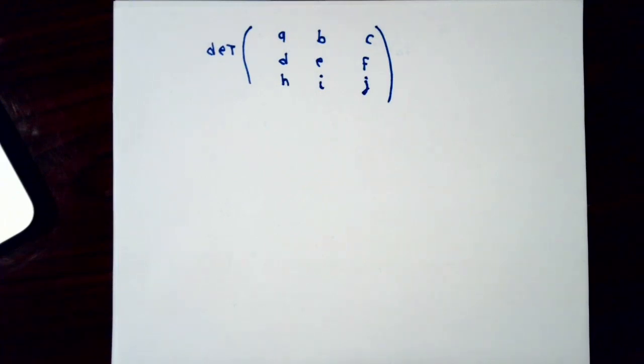If I have a larger matrix, the determinant of it will be defined in a recursive way. We're going to express this new thing as an expression that involves several 2 by 2 determinants, which we can then evaluate. What we're going to do is this.